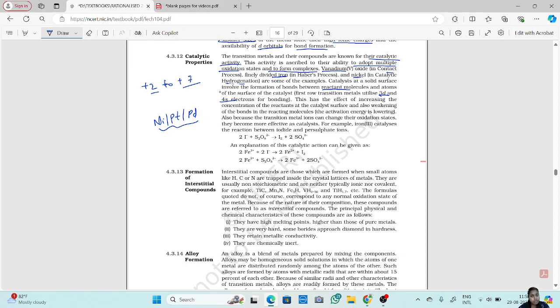So by binding to the reactant molecules, the catalyst increases the concentration of the reactants on the surface of the catalyst, and it also weakens the bonds in the reacting molecules.